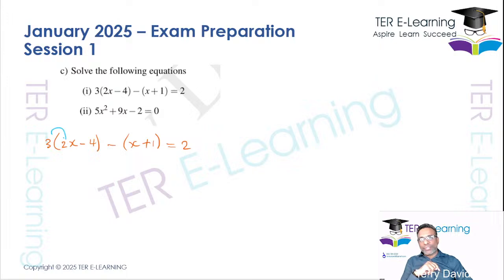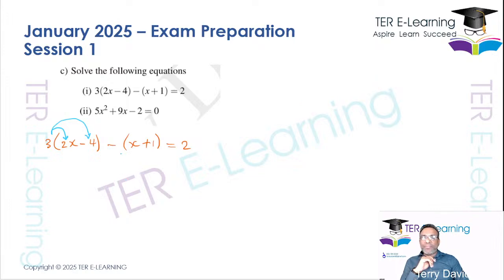So you're going to use the distributive law. I teach my students in my class to put these arrows here in order to remember what they're going to multiply. You need to take that 3 and multiply by 2x. We also have to take that same 3 and multiply by minus 4. For the bracket on the right hand side, some students may have a little challenge with this.